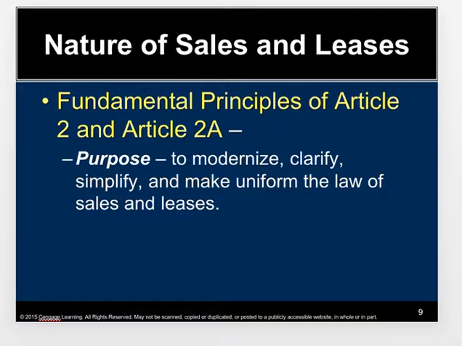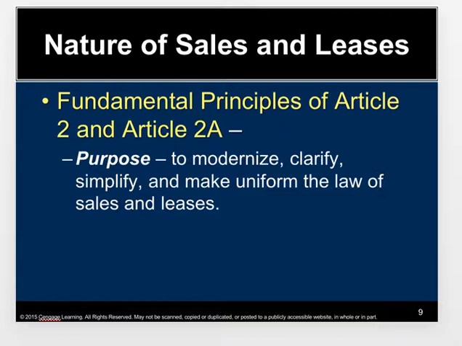So let's talk a little bit about the fundamental principles of Article 2 and Article 2A. So what's the purpose? Well, the idea is to modernize, clarify, simplify, and make uniform the law of sales and leases. And I talked a little bit about that earlier in the semester, that's the whole point, right? The code itself is called the Uniform Commercial Code.